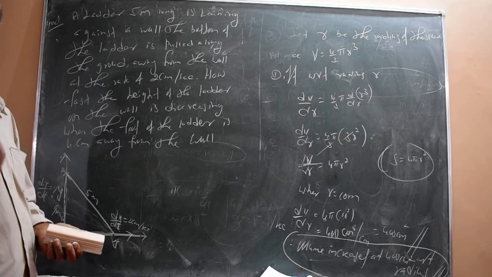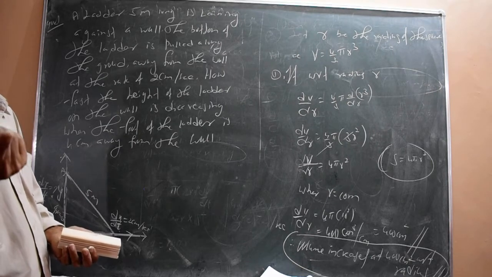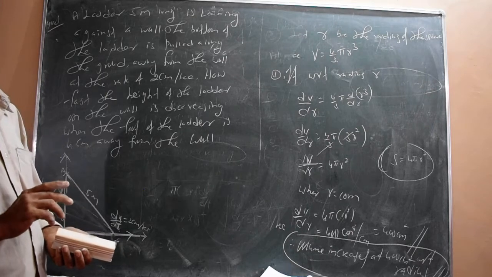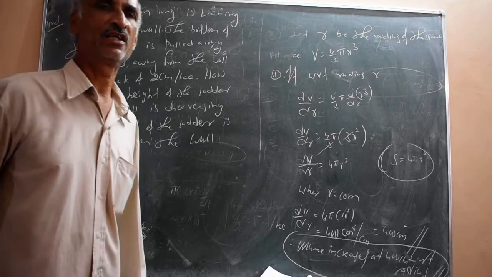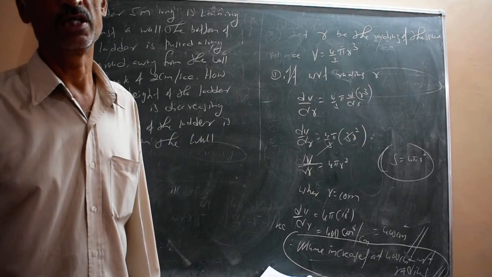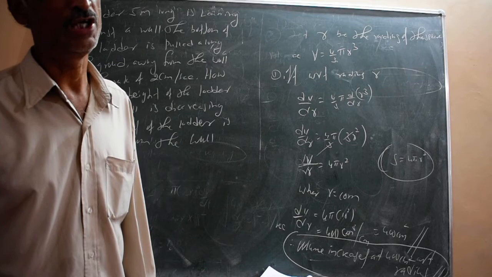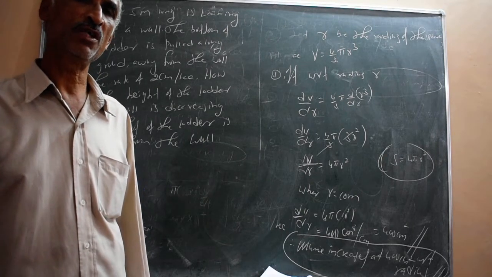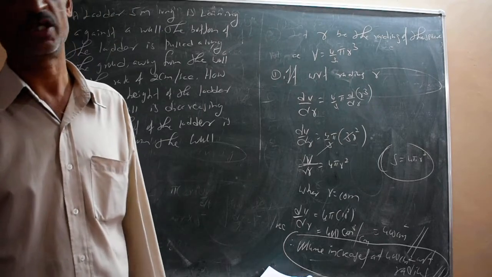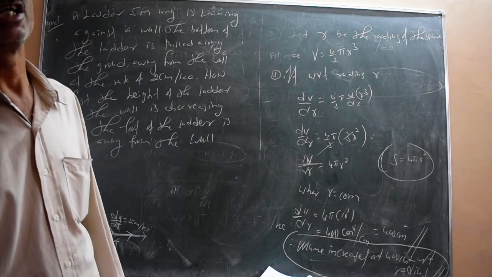Dy by dx means rate of change, may be an increase in y or a decrease in y with respect to x. But if there is a decrease, then the quantity is negative. Dy by dx will be negative if y decreases with respect to x. Dy by dx is a positive quantity means y increases with x. That is the next topic, increasing and decreasing functions.